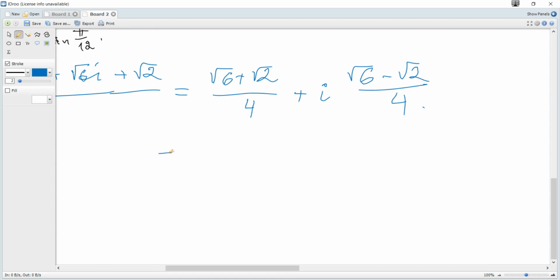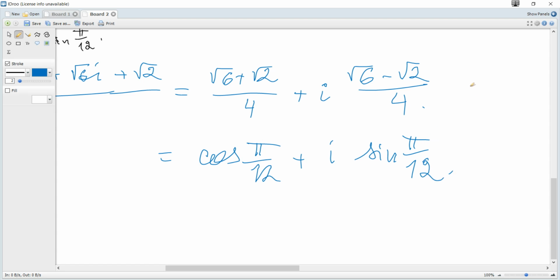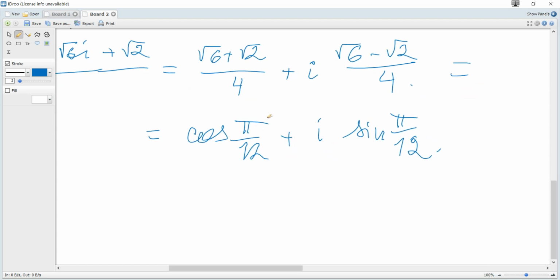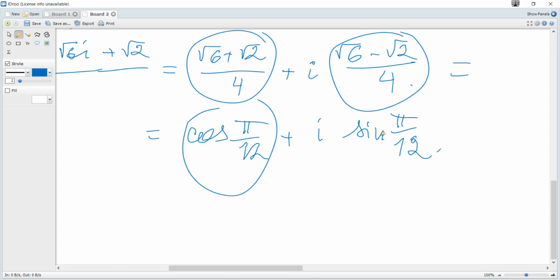It's absolutely the same as cosine pi over 12 plus I sine pi over 12, and it's clear that since it's the same, the real parts must be the same, and the parts with I must also be the same.